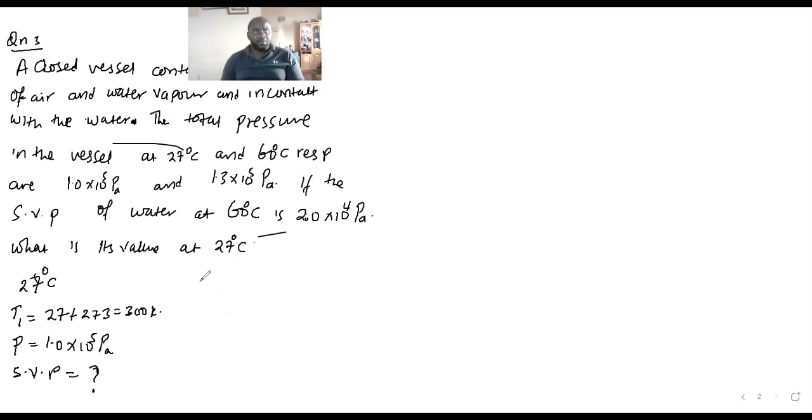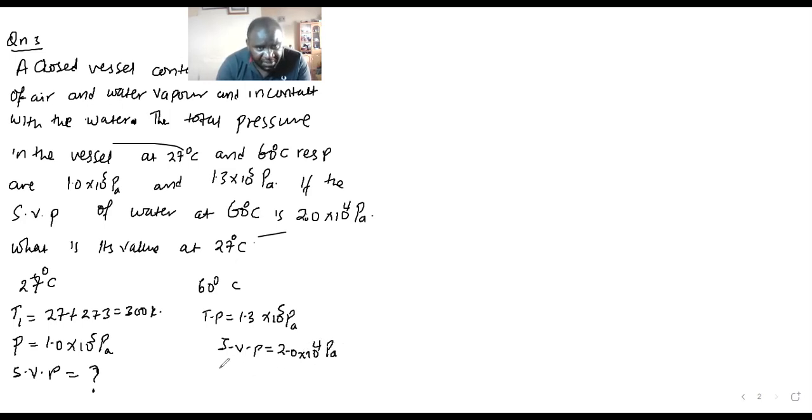Then the second one is when we have a temperature of 60 degrees Celsius. The total pressure was given as 1.3 times 10 to the power 5 pascals. Then they also gave us SVP, which is 2.0 times 10 to the power 4 pascals.